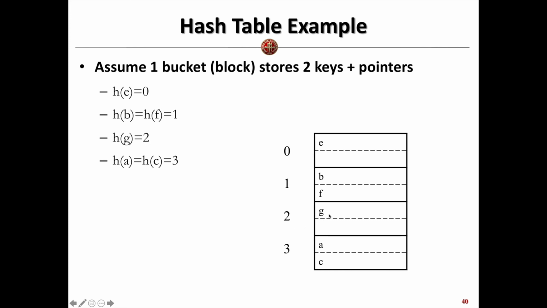So we can go over the entries inside this bucket, and we can access the pointer in the entry matching G directly. So you can see the difference, right? For the previous B-tree, we have to do the traversal from the root until we reach the leaf nodes. However, for the hash tables, given such a key, we can go directly to the entries with a pointer via the hash function. It's very fast.